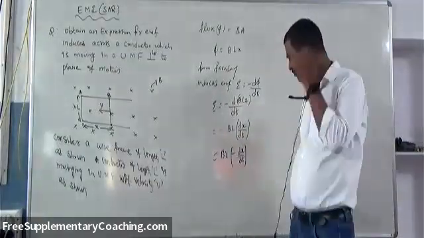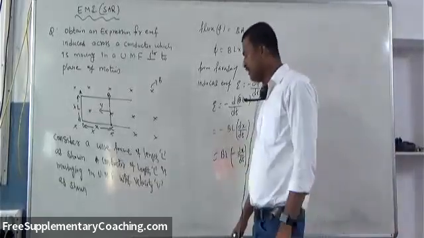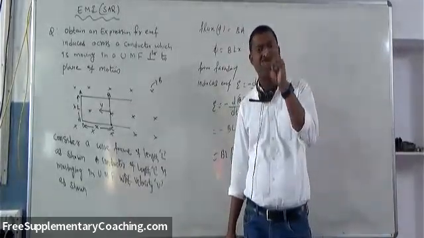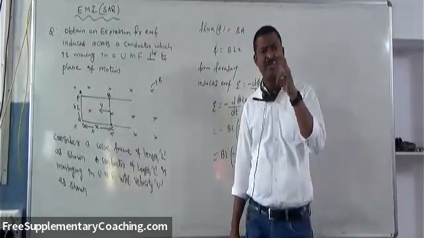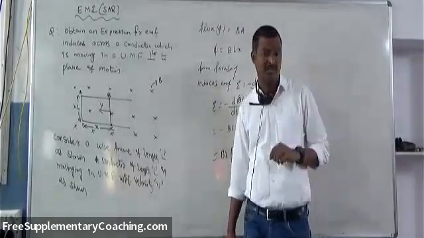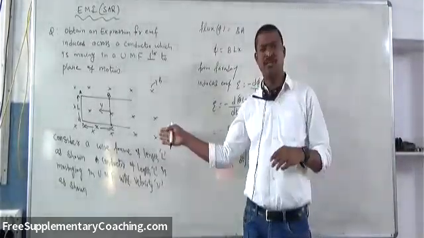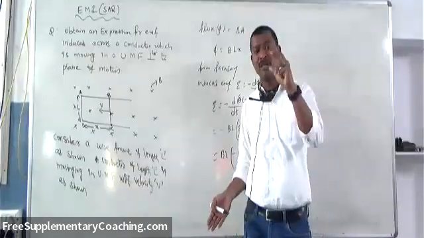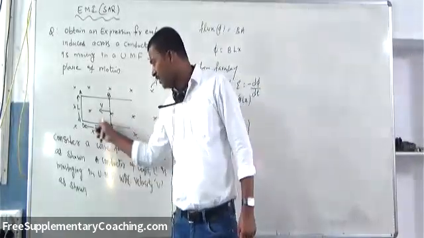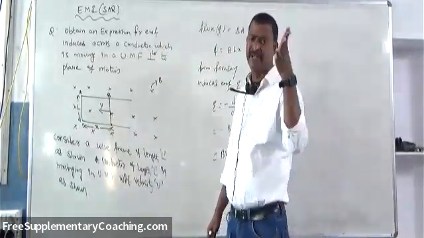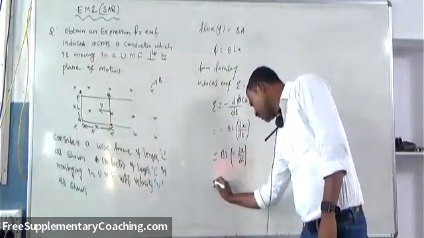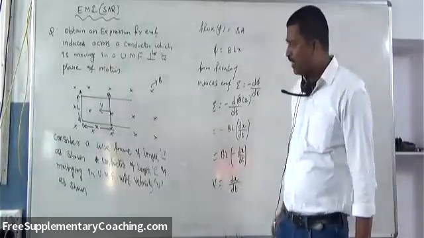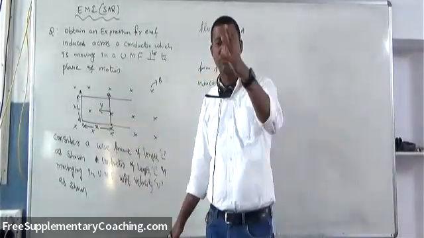See, why did I write minus dx by dt? X is a distance, and t is time. So dx by dt is the rate of change in distance or displacement, which is speed or velocity. From this diagram, a straight line only is there, so whether you call it distance or displacement, it is the same. So the rate of change in displacement is velocity, but here X is decreasing, so the velocity will be negative.